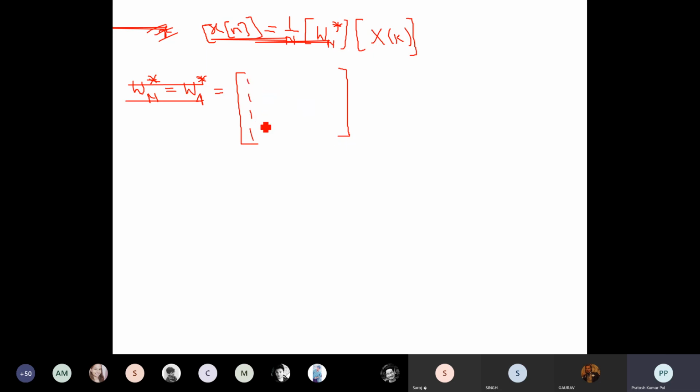So the 1 1 1 1 rows will be the same, and the first row and first column will be the same. With respect to your previous W of 4, we can complement it, where at this position it was minus j, so it will be plus j. Whenever there is plus j, that will be converted to minus j. Whenever it is minus j, that will be converted to plus j.